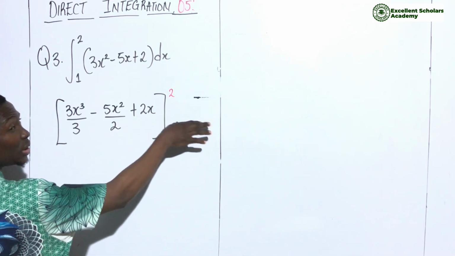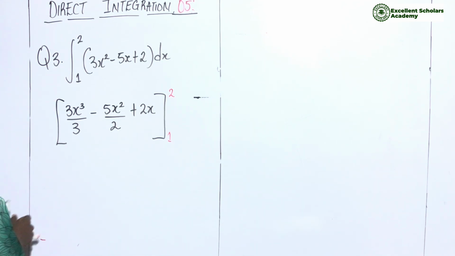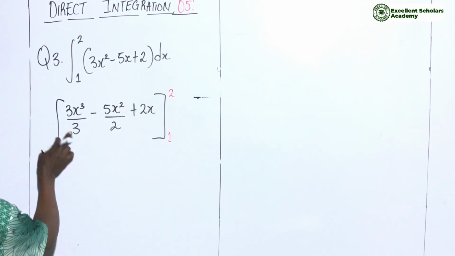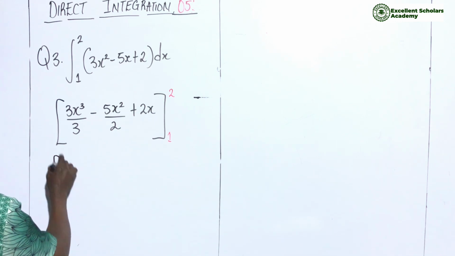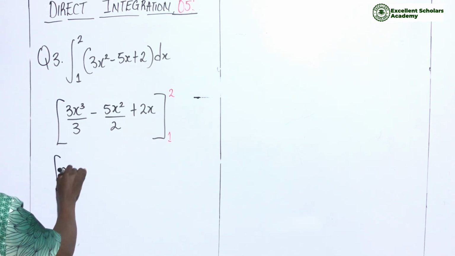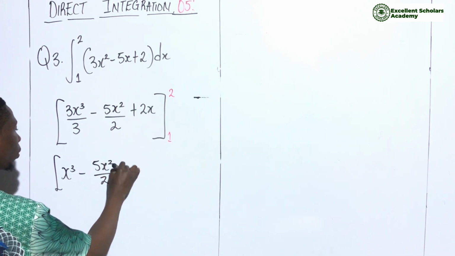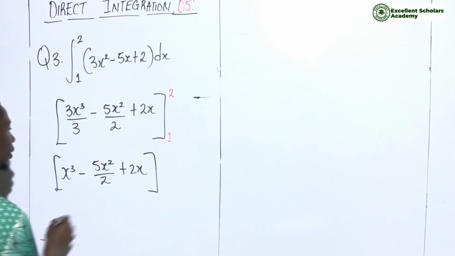That is why we did not put a constant. So now we're finally going to do that. This has not taken away this, so we still have something to do here. So this becomes x to the power of 3 minus 5x squared over 2 plus 2x.